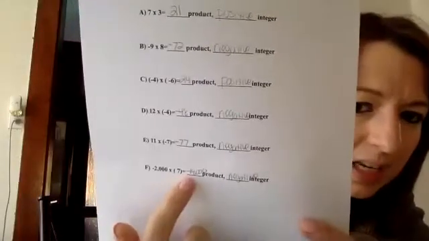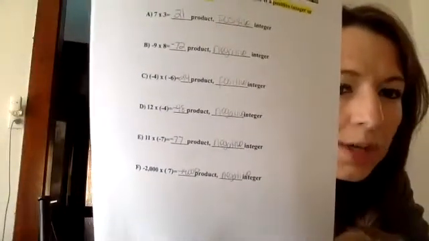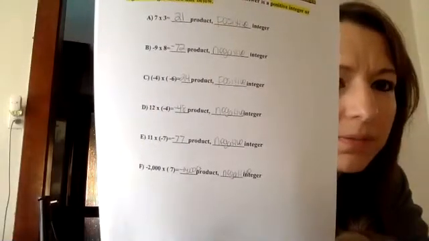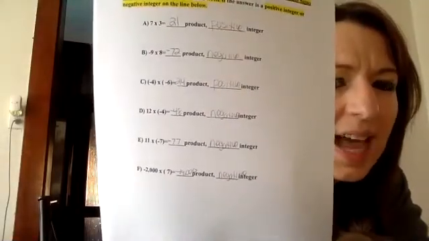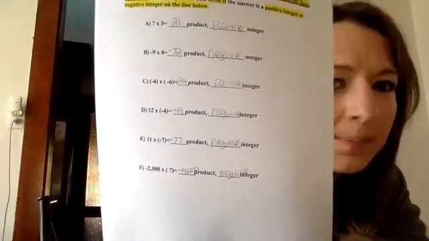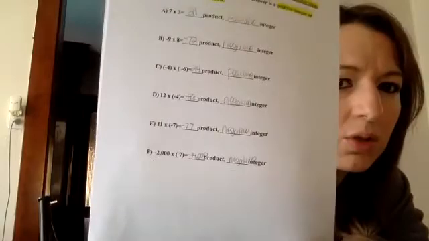I'm going to go to the chart. A negative times a positive is a negative. So that means it would be negative 14,000. Again, same signs, it's positive. Different signs, it's negative. Same positive, different negative. Same with dividing. Same rules apply for dividing integers.